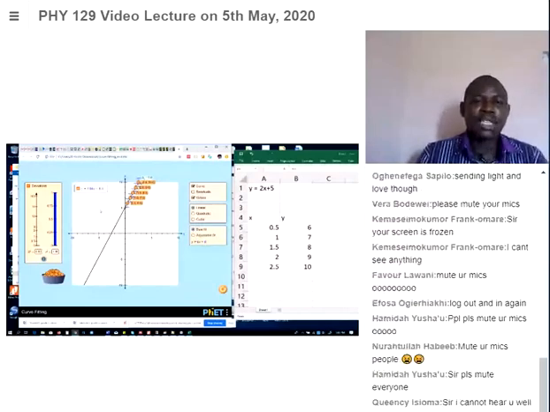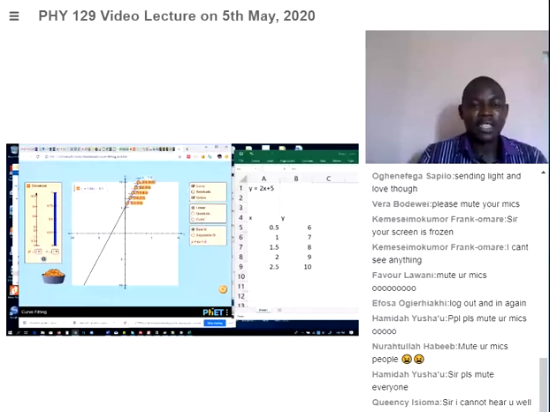Now, take a look at what I have. Automatically, my slope is given here as what? My slope is already supplied as 1.94. And my intercept is given as what? 5.1. Which, when you compare with the original equation, you can see resemblance.